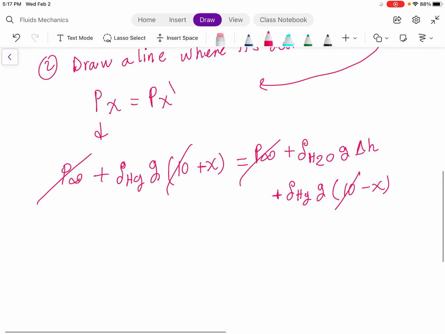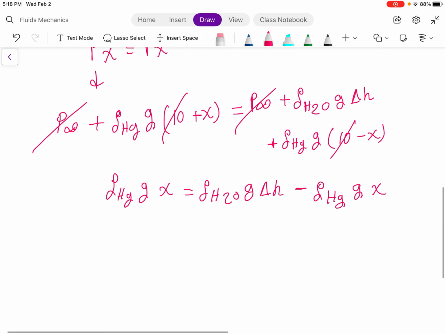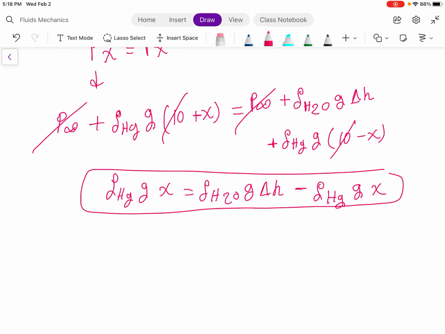So we're gonna end up with rho mercury Gx equal to rho, and then from this equation, we will be solving for X.